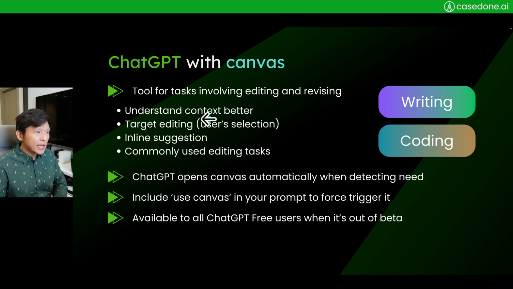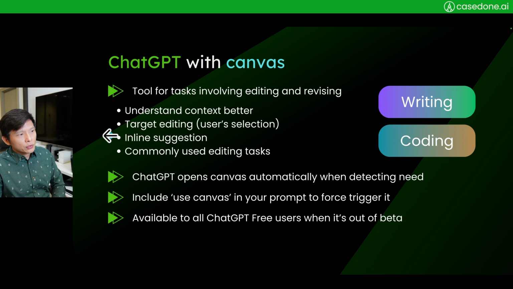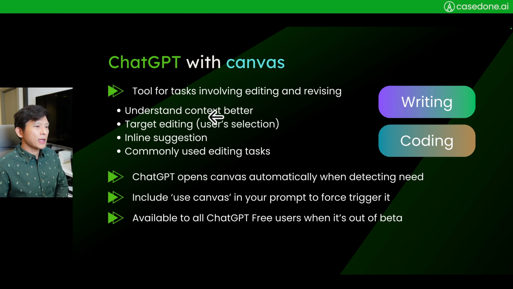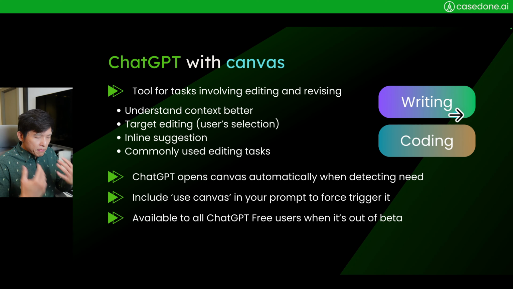So it's targeted editing. It allows the model to make suggestions inline as well, and it's commonly used. You can use it for most of the editing tasks you will need, and therefore the 2 main types of application are writing and coding.